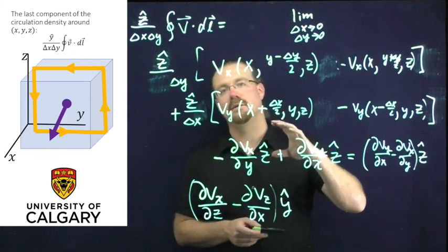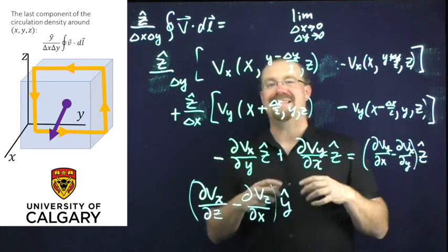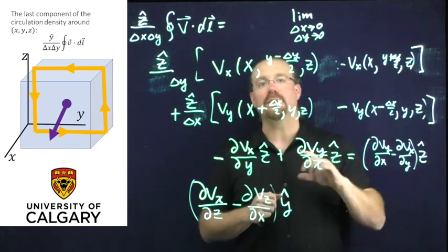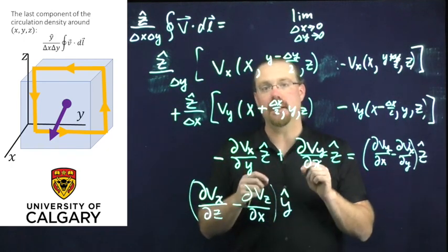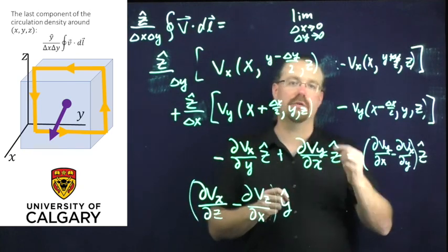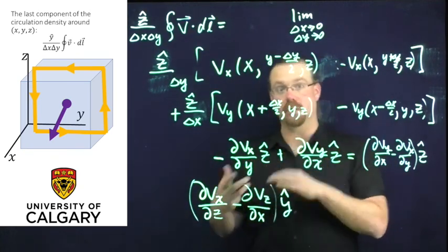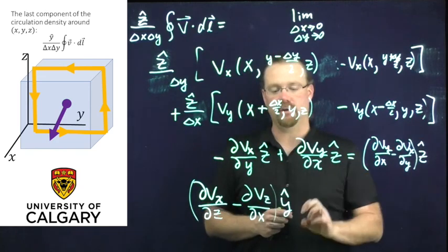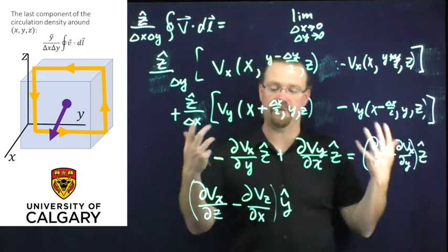Our final belt will point in the x hat direction, completing the three components of the vector that we need in order to get the total circulation density, which is going to be the curl. So we've had our z hat, we have our y hat, we're now going to have our x hat.